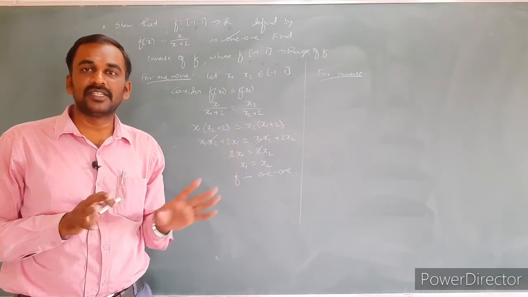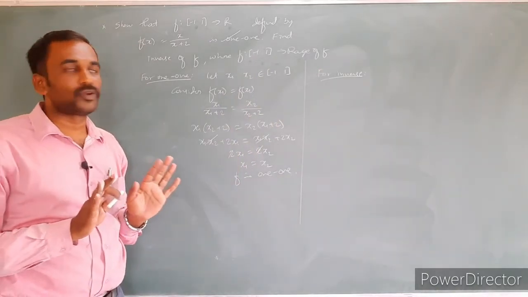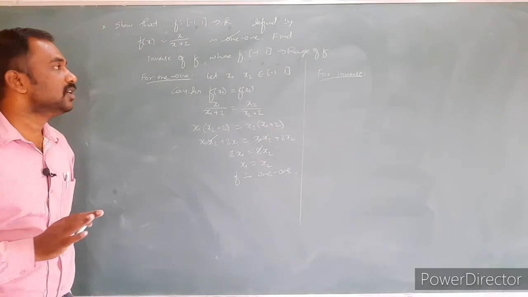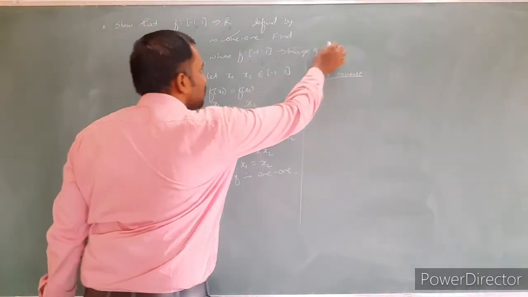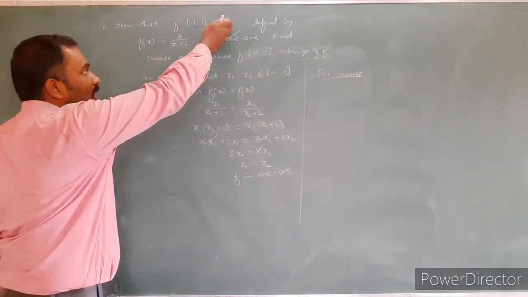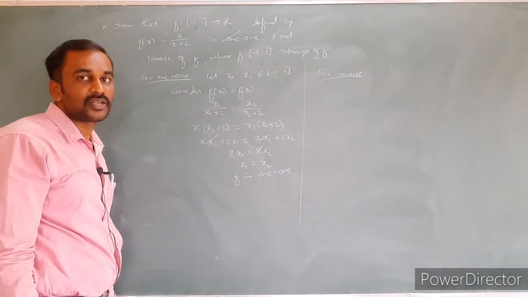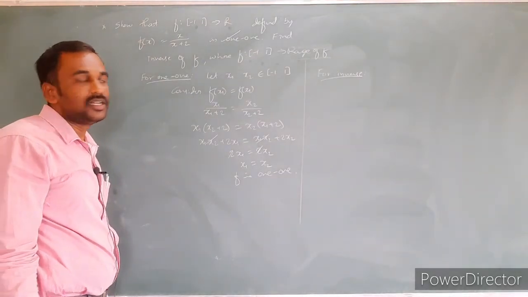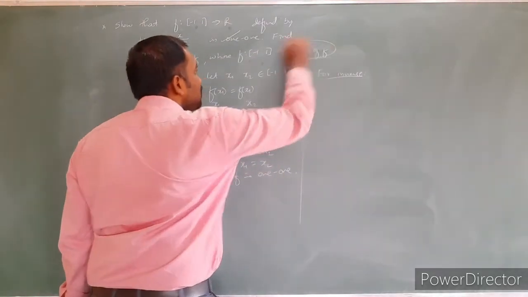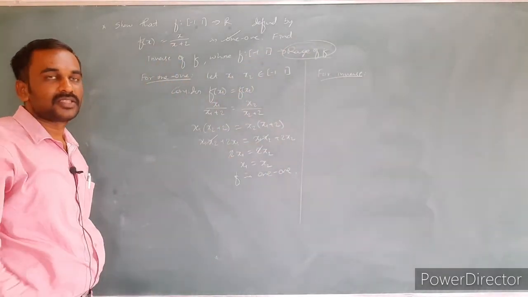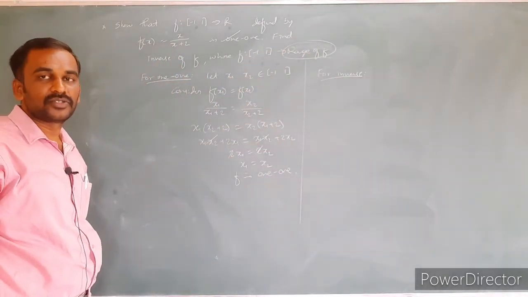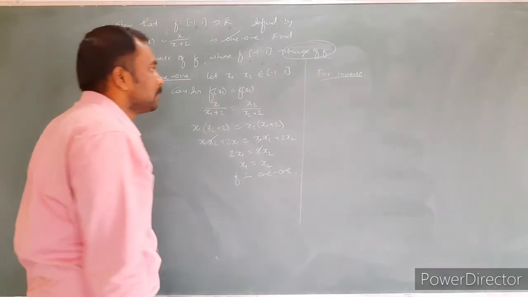Obviously it is 1-1 and onto, and it is not necessary to prove it; directly we can find the value. Instead of giving the range, if they had given a codomain in this way, in such a case we have to check whether it is onto or not. If they mention a range, then it is not required to show that it is onto. Okay.